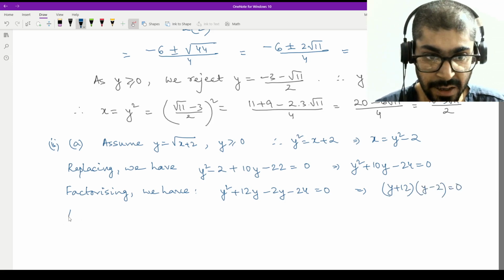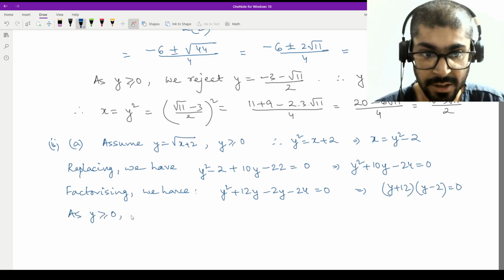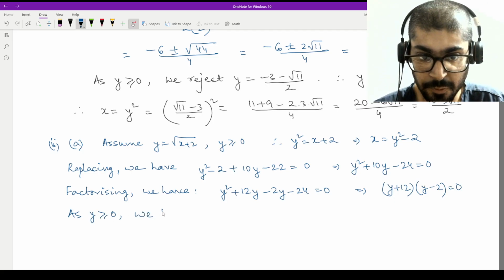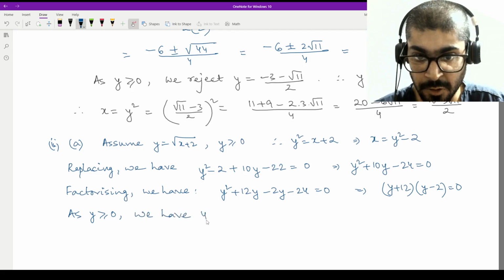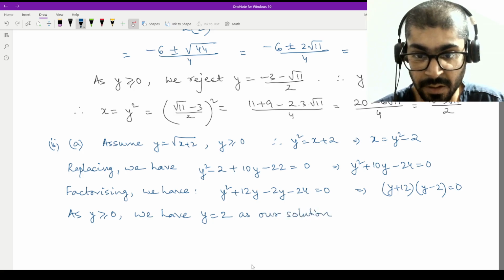Now as y greater than equals to 0, again reject the negative solution, we have y equal to 2 as our solution, right?